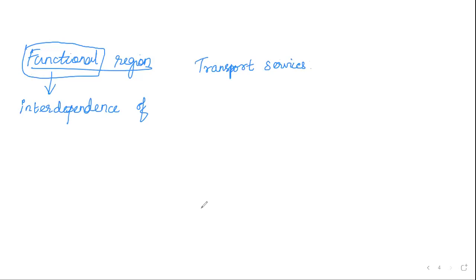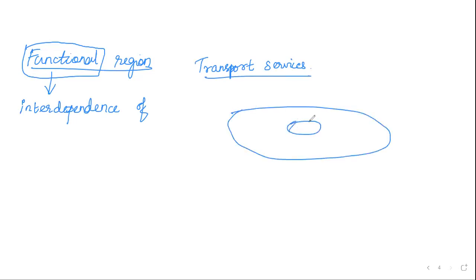If this is the metropolitan area, from here the transport services will be extending to certain important towns and cities and villages. All that will be under the sphere of influence of that particular transport service.